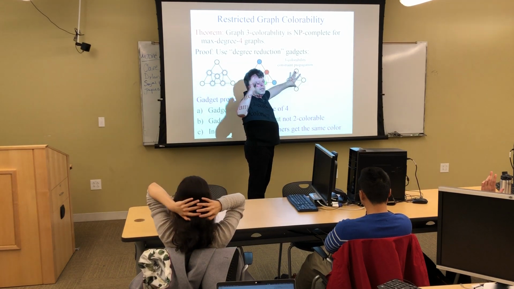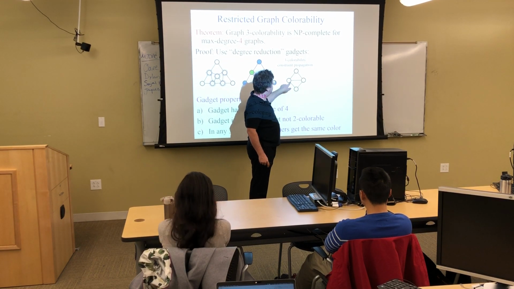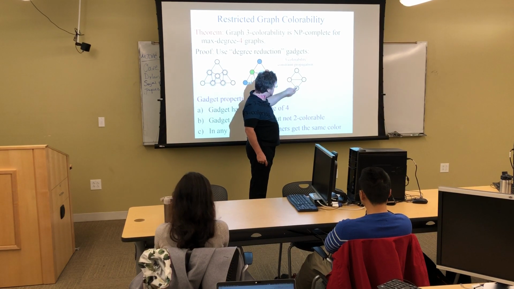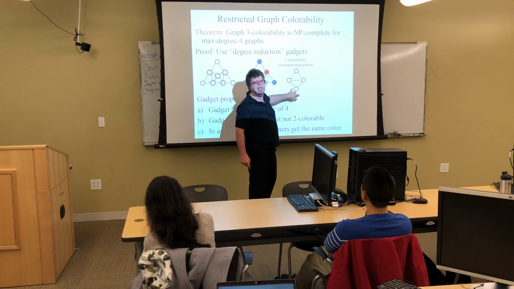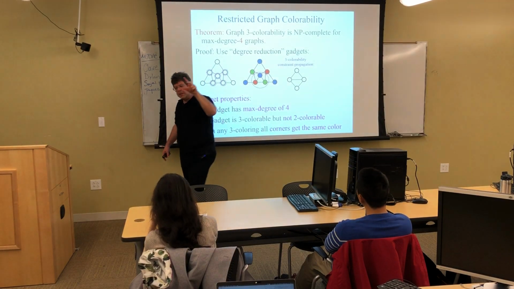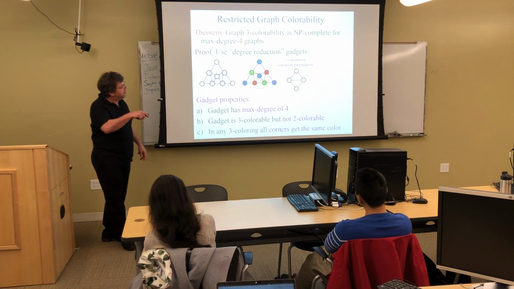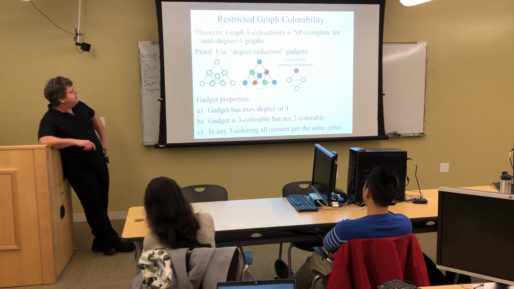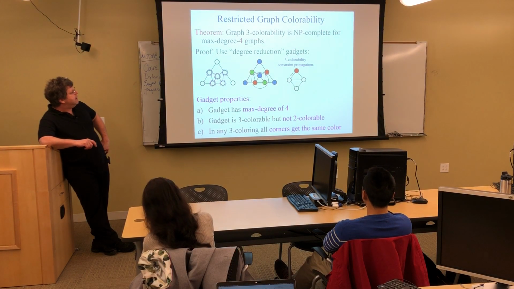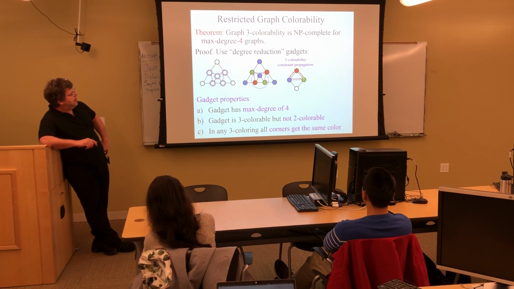How many get that? Because this and this and this must all be different. And this must be different than these two, and this must be different than these two, and these two already take two colors, and the third color must hit this and this simultaneously. And so two opposite sides of a diamond, whenever you have a diamond configuration like that in a graph, must have the same color. So keep that in mind. Basically what we're saying is that this red can force this to be blue or green, and if this is blue, this becomes green.